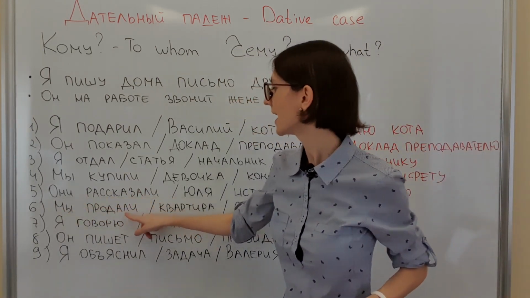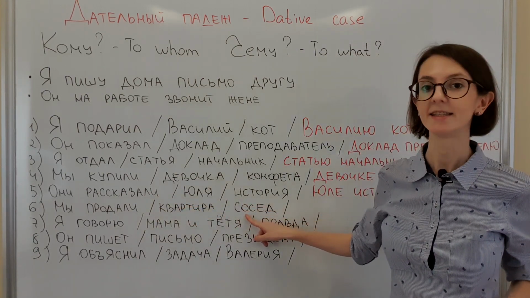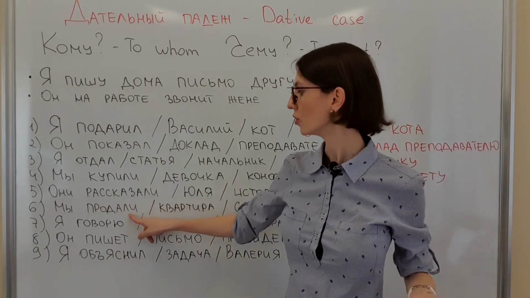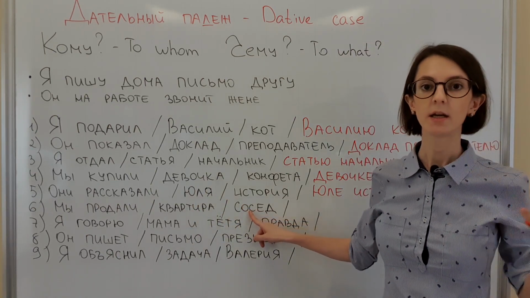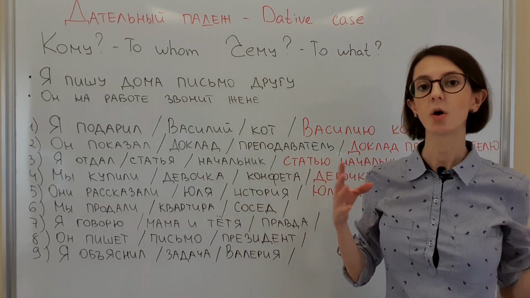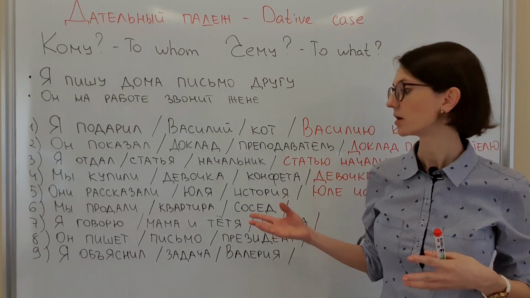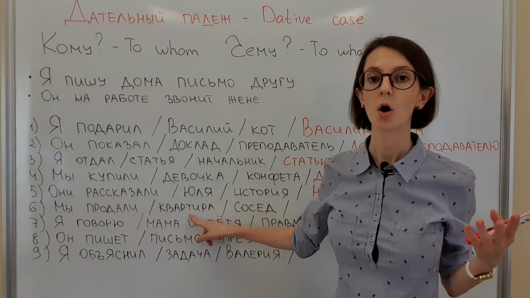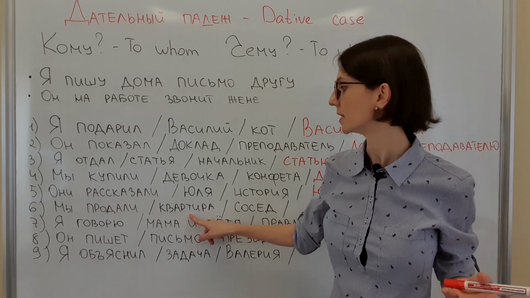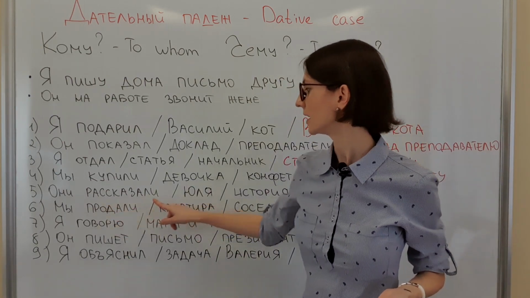Мы продали квартира сосед. We sold apartment neighbor. So where is the object and where is the recipient? Obviously, квартира, apartment, it's an object. Мы продали что?